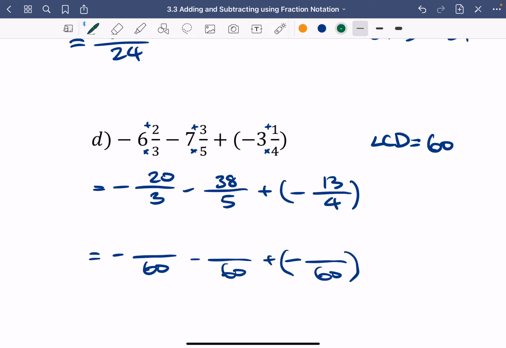So then multiply by 20. This one multiply by 14. The last one multiply by 15. So I'm gonna get 400, 456, and 195.